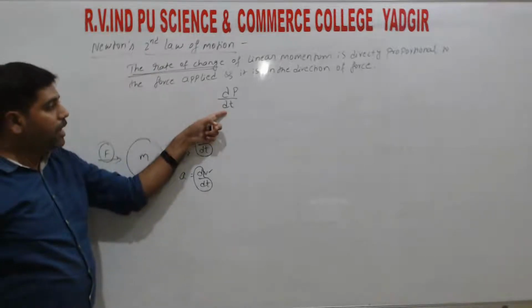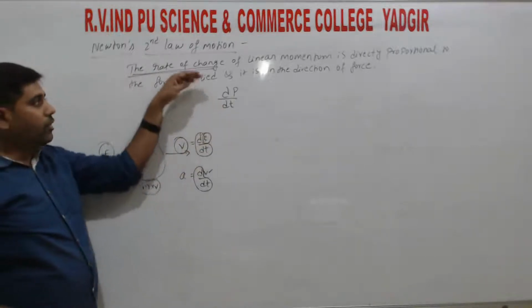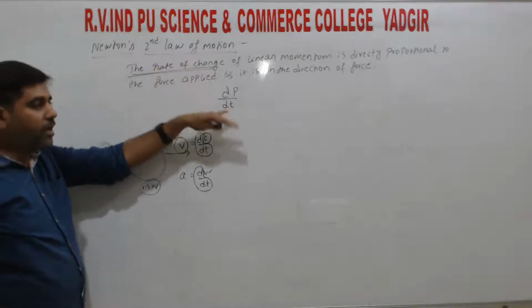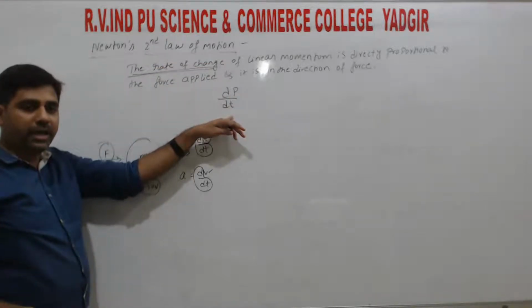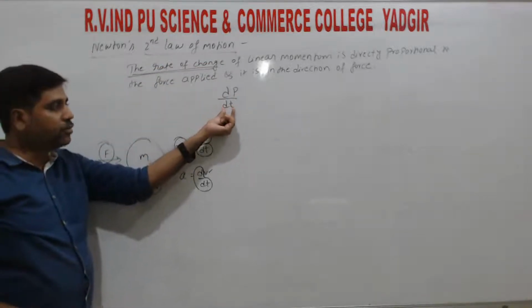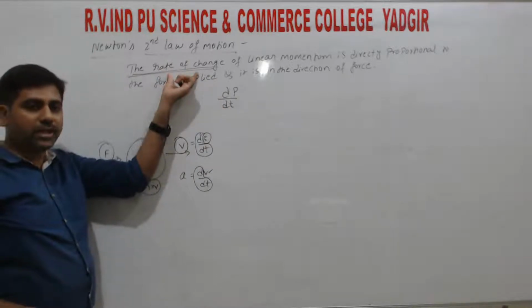So dp by dt. Wherever we get rate of change, always the denominator is dt. Any change with respect to time we call rate of change, right?